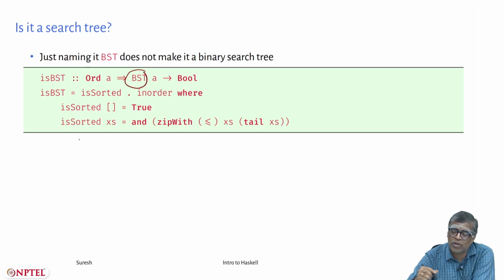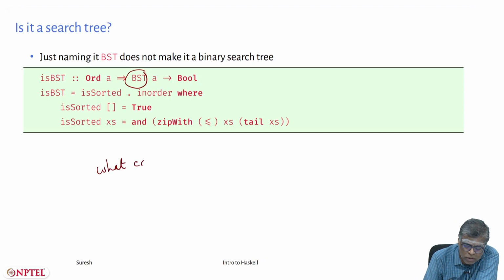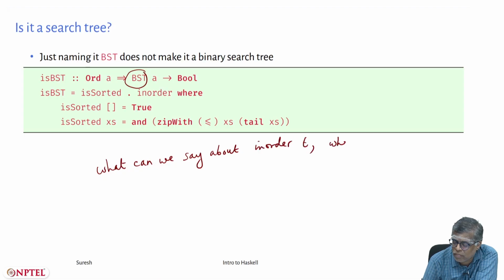And one way to do that, so this is the importance of binary search trees and this is the importance of in-order that we talked about earlier. So if you have a binary search tree, what can we say about in-order of T?